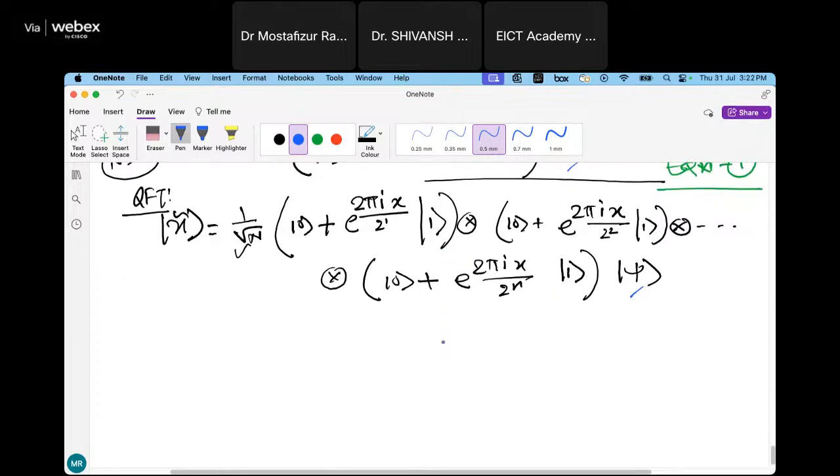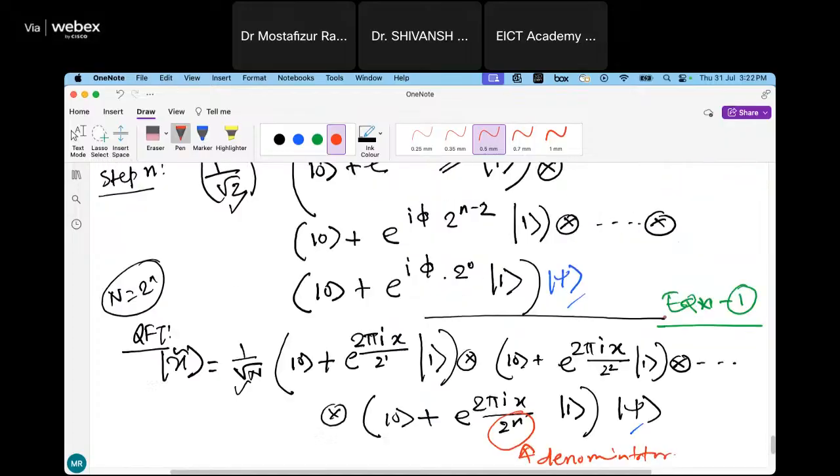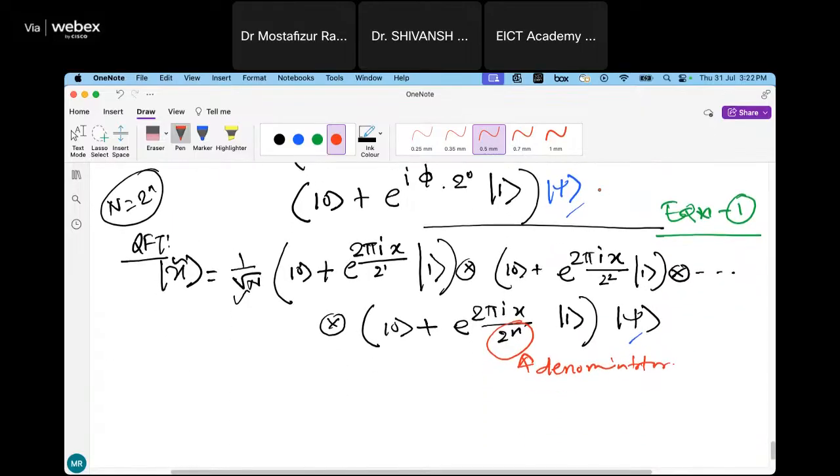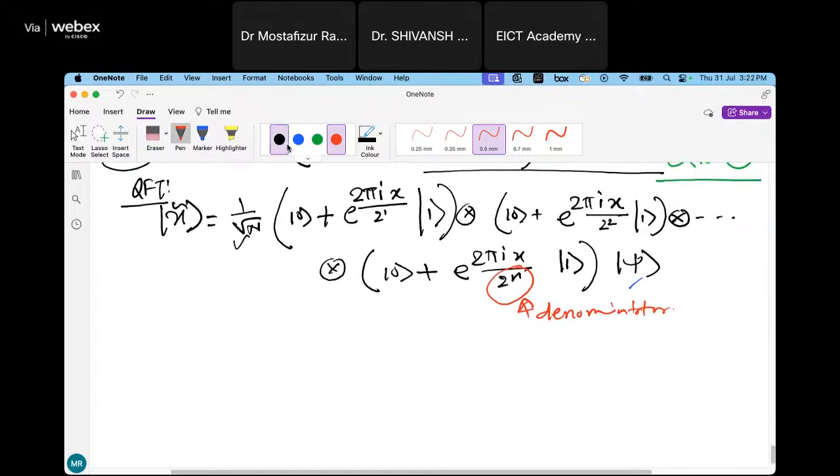And if you compare all these things, what are we getting? If you compare this QFT versus QPE up to this particular generation of the circuit, we see that this particular factor is coming in the denominator, and the phase factor that is coming in the QPE is in the numerator, right? And hence whatever angle, the phase phi that we have in the QPE circuit, in QFT it is actually phi by 2 to the power n into 2 pi.